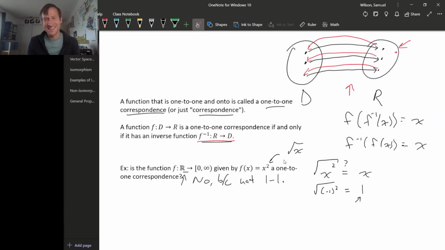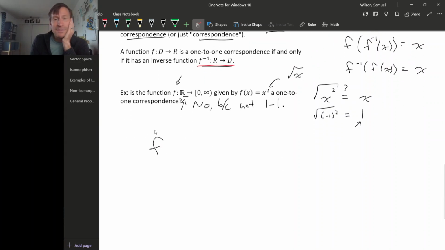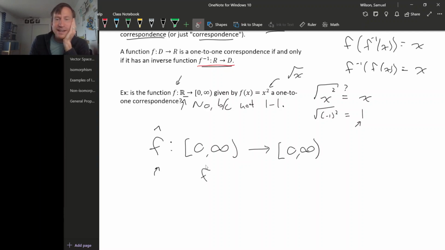We can sort of fix things up by modifying this function, right? If we modified our function f to come up with a new function f hat, and we throw away some of the domain and only keep the positive numbers in the domain, right? And f hat of x is x squared. Now this is one-to-one and onto.